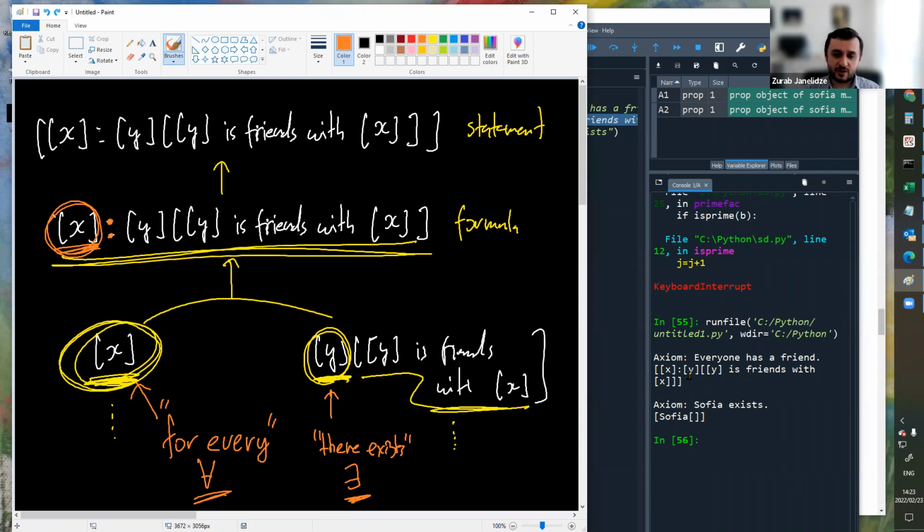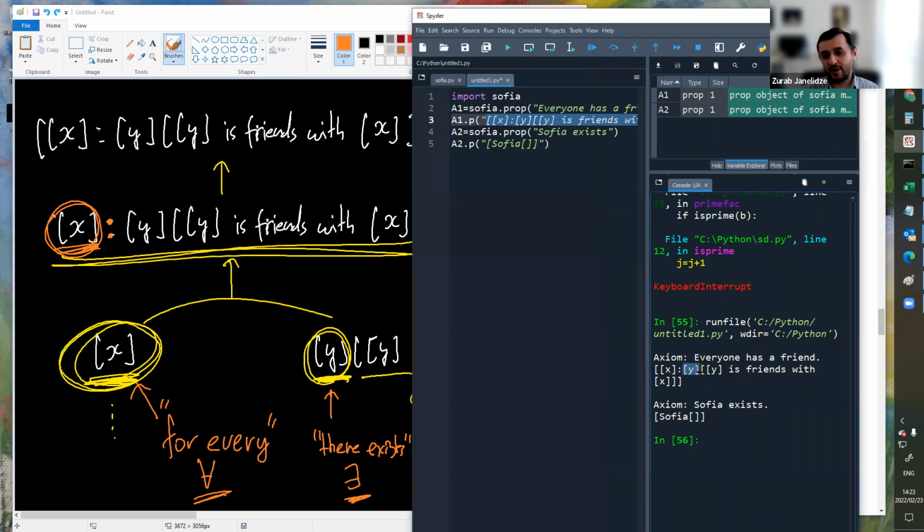So with Sophia, we don't say "for every" or "there exists" anymore. We talk like this: given X, Y can be given so that Y is friends with X. So we're assuming that every time we have X, it's an assumption, right? Every time we have X, then the conclusion must be that we also have Y. So it automatically creates this dependence that X could be arbitrary because the assumption doesn't have any restrictions on it, except that it's just X. And the ability for us to produce a Y is a conclusion.